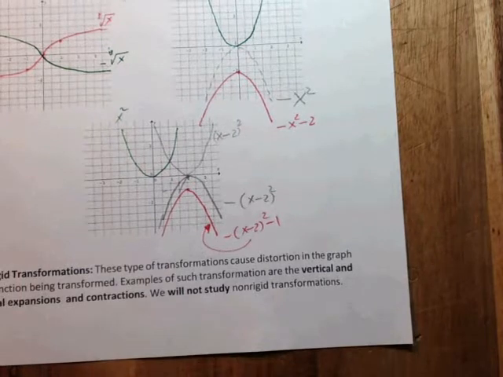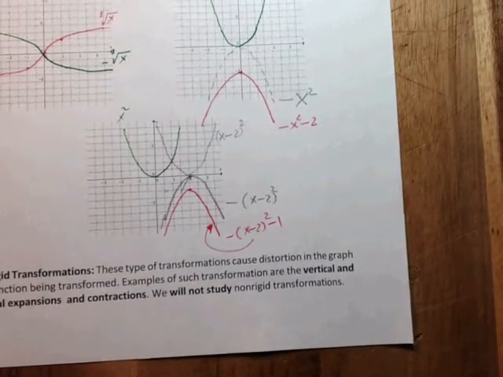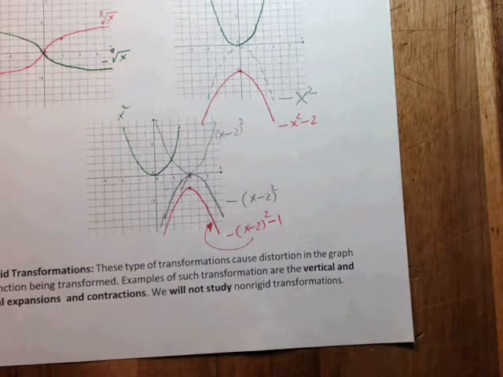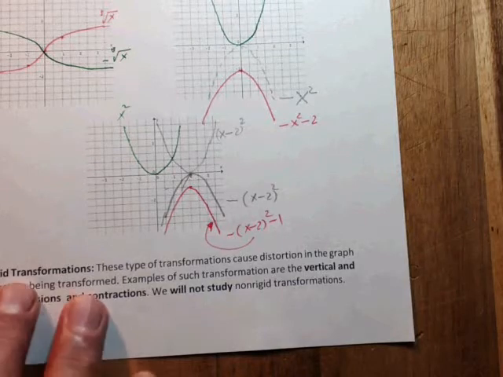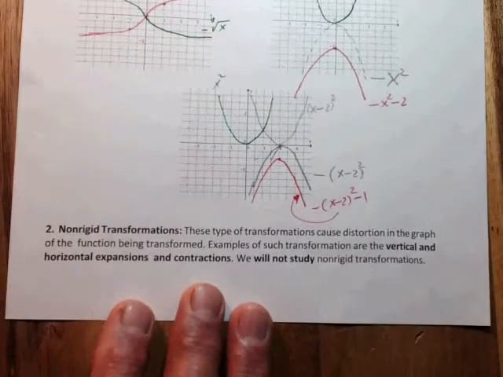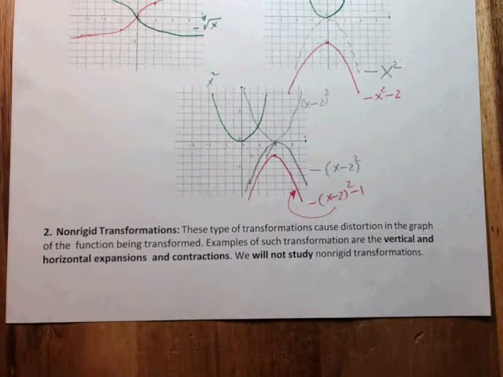And these are the only rigid transformations we're going to study for this course. There are a few other ones that we don't do, which are non-rigid transformations. As I said before, we're not going to do any examples of that beyond the scope of this class.